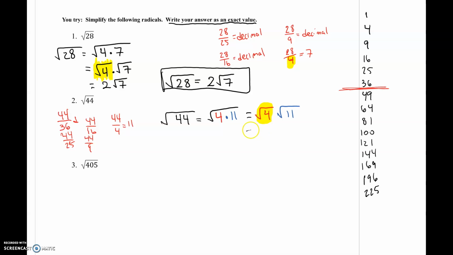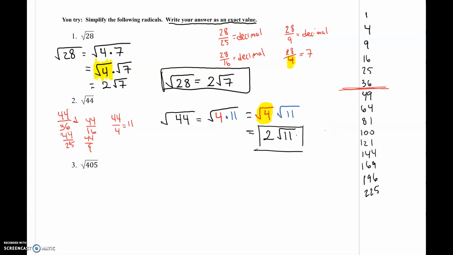The square root of 4 is 2. Now, why are we done here with 2 times the square root of 11? Because if you look at 11 and you look at our list of perfect squares, 9 doesn't divide into it, 4 doesn't divide into it. So our final exact answer is 2 square root of 11.